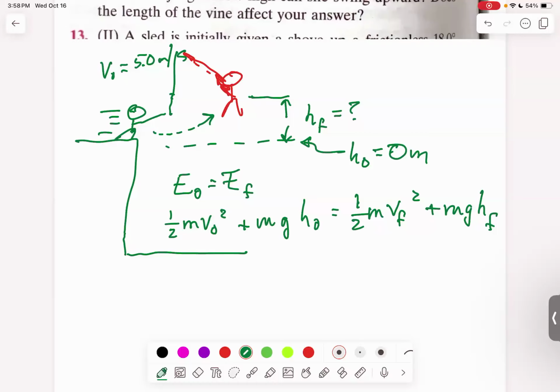So where Jane starts, which is right at the base of that cliff, she's going to grab that vine, and she's going to swing up a distance.